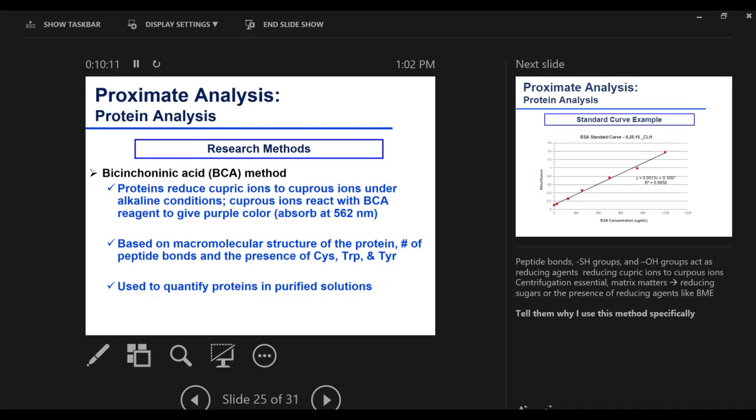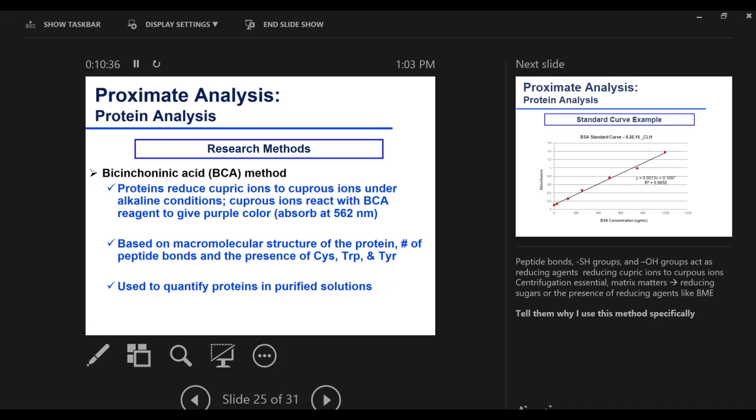They can act as reducing agents. So you have a BCA reagent that has cupric ions in it, that the proteins in your sample then reduce to cuprous ions. Under alkaline conditions, this turns it from a green color to a really pretty deep purple color. That purple color can then be measured, the absorbance, at 562 nanometers.